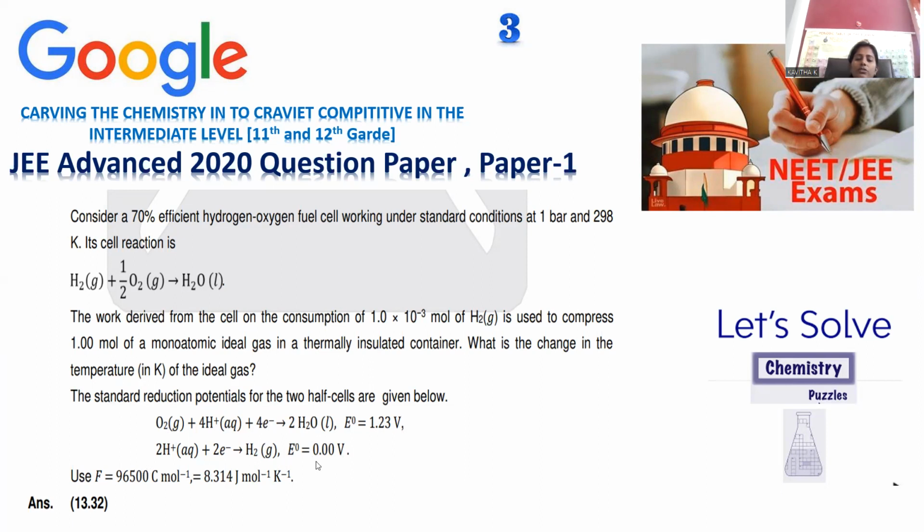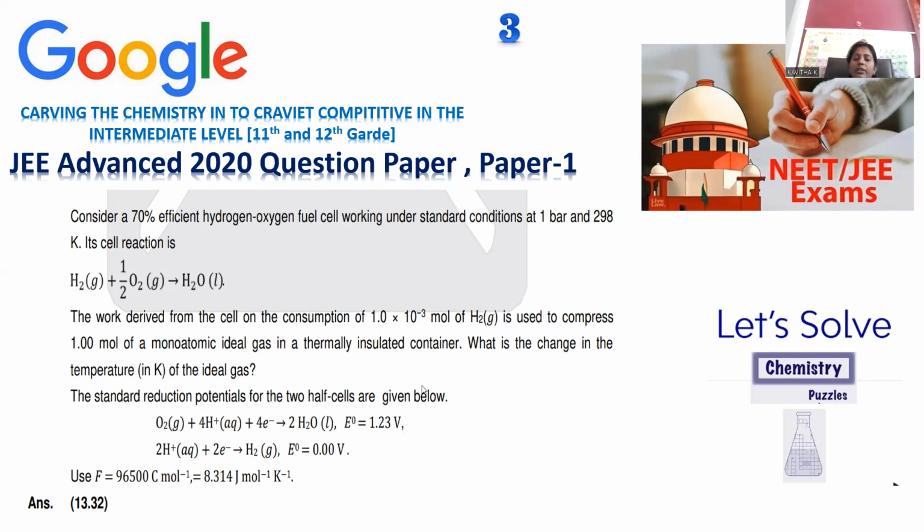So the hydrogen electrode potential is given as 0, oxygen is given as 1.23 volts, the Faraday value is given as 96,500 coulombs per mole, and R is 8.314 J per mole per Kelvin. So this is the data we have here.